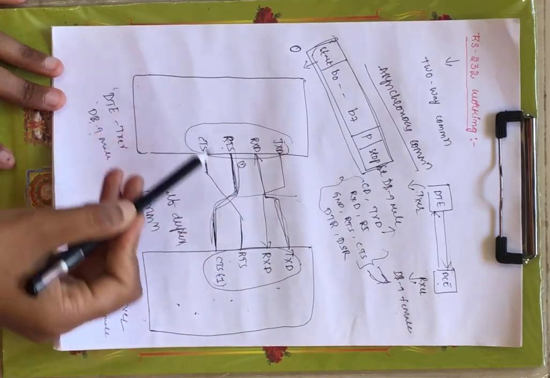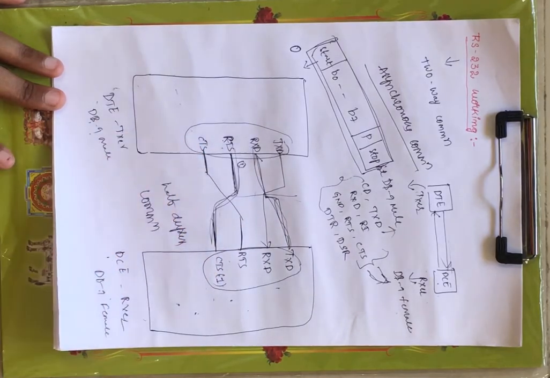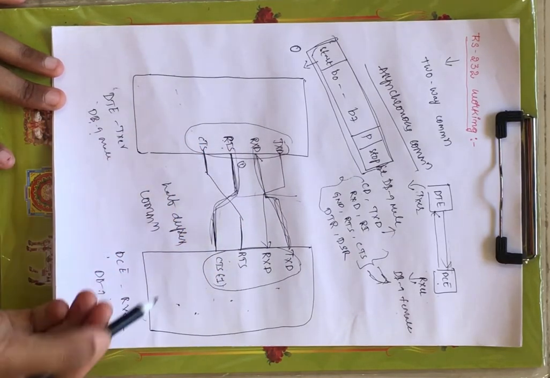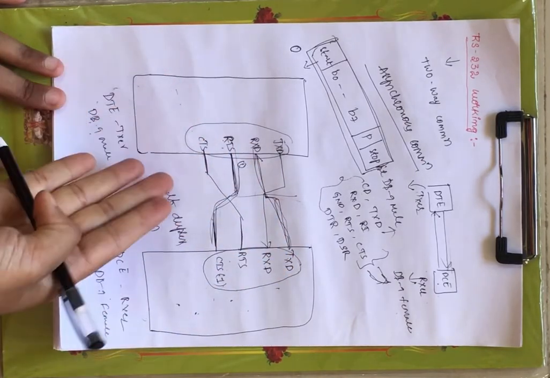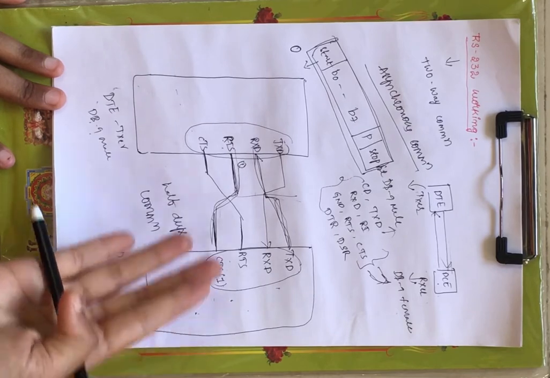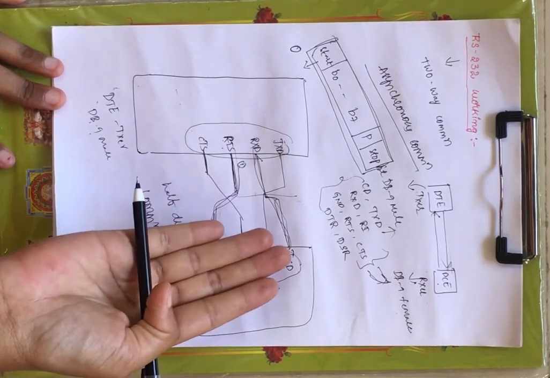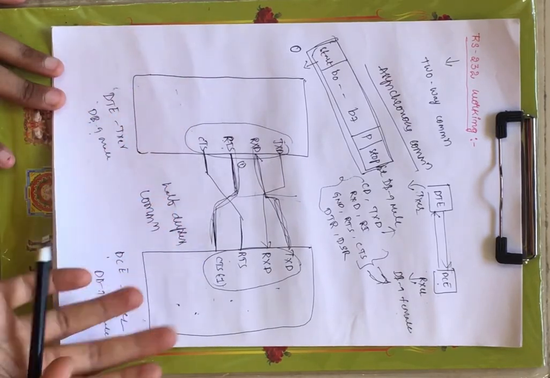It is transmitting the data and it is receiving the data. Now this is one way of communication, and another way is transmitting from DCE to DTE. Next we will see the transmitting from DTE to DCE.